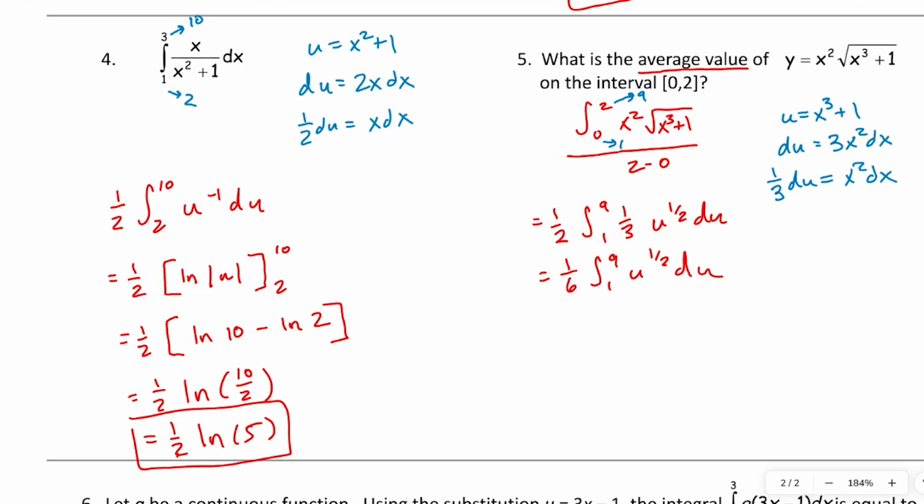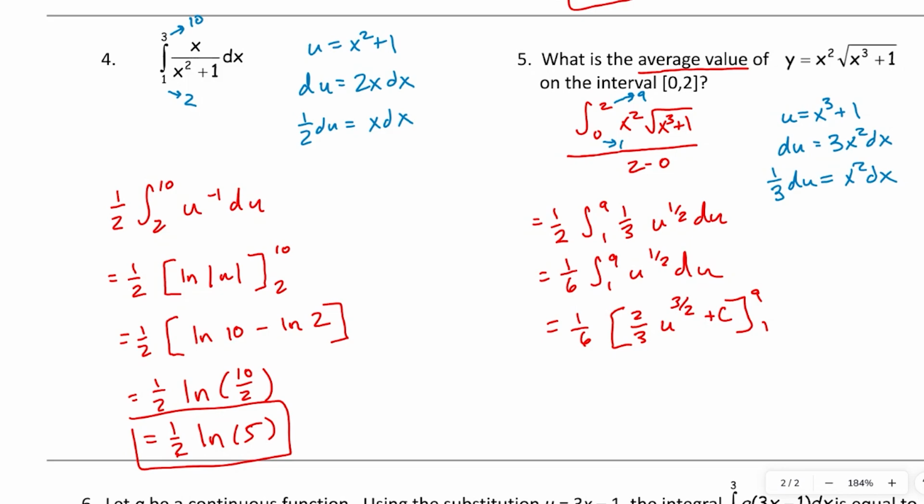Okay, so now let's find the antiderivatives. So that would be u to the 3/2 times 2/3. And then technically there's a plus c there, but we don't really care too much about that. So we know it's going to cancel out.